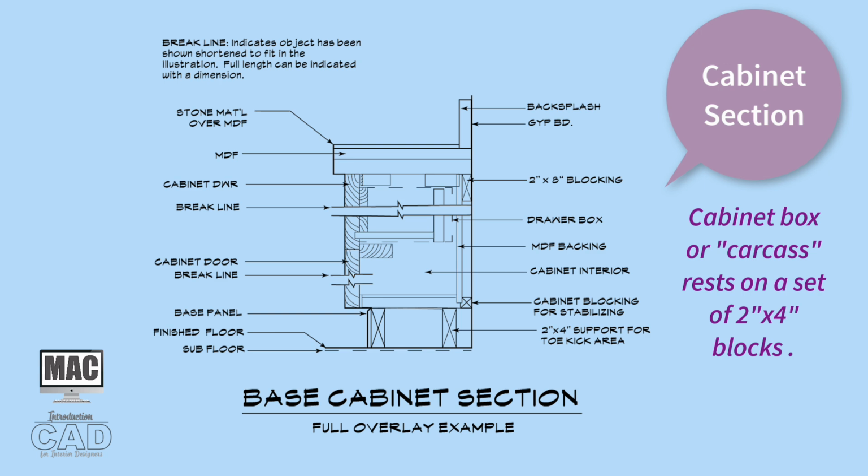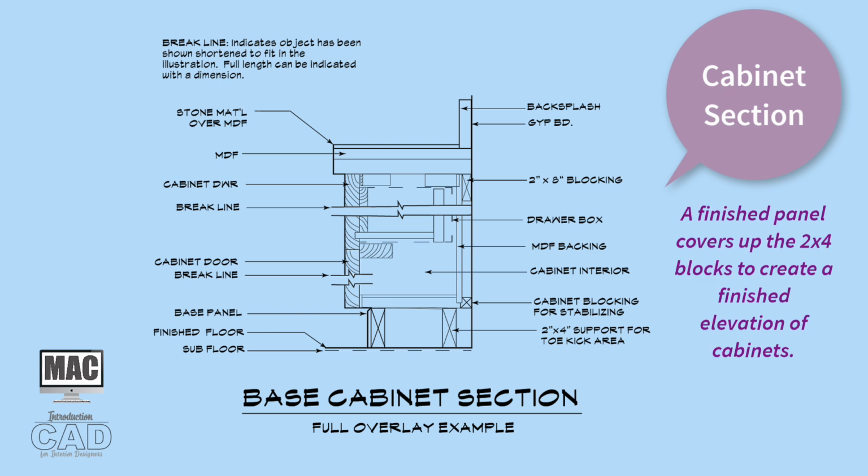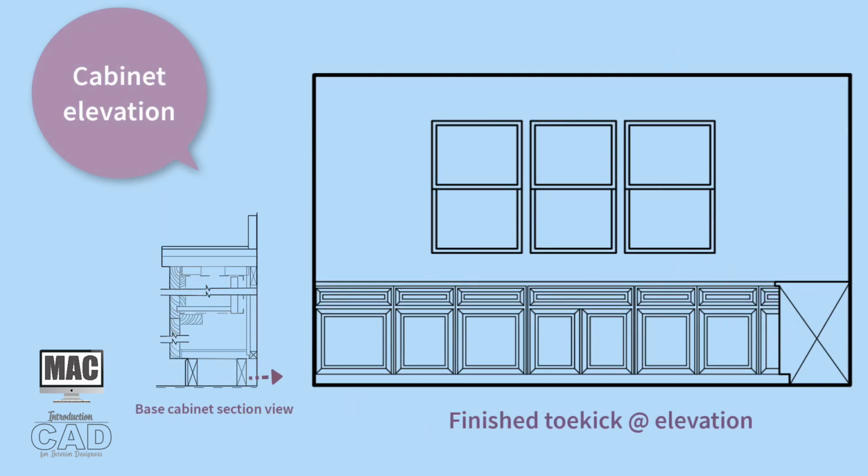The blocking that the cabinet rests upon is what raises the cabinet 4 inches above the finished floor. The toe kick area is not usable interior cabinet space. A finished panel designed to match the cabinet door and drawer attaches to the blocking. This provides an enclosure for the toe kick area and helps to finish the elevation of the cabinetry.